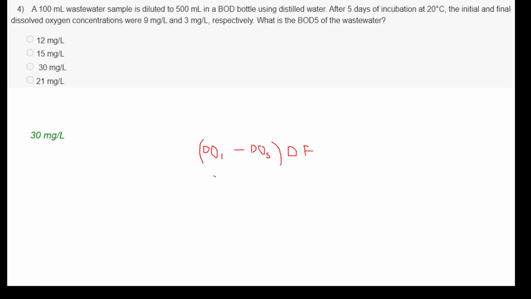So just simple, 9 minus 3, multiplied by the dilution factor, which is nothing, just 500 divided by 100.